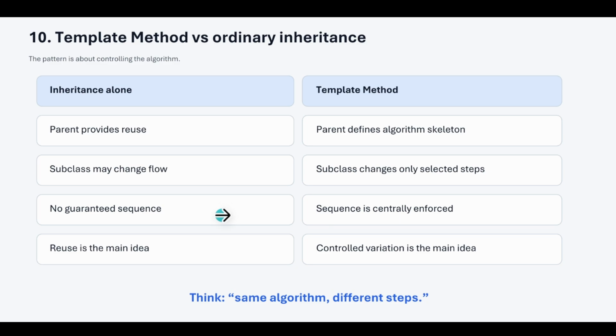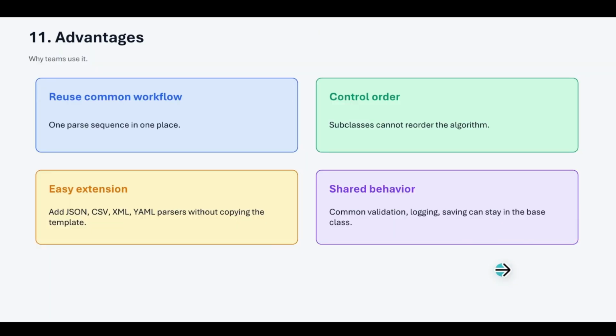In ordinary inheritance there is no guaranteed sequence, and reuse is the main idea behind inheritance, while controlled variation is the main idea behind the template method. Think of it from the perspective of the same algorithm, but with different steps sometimes. That is the idea behind it.